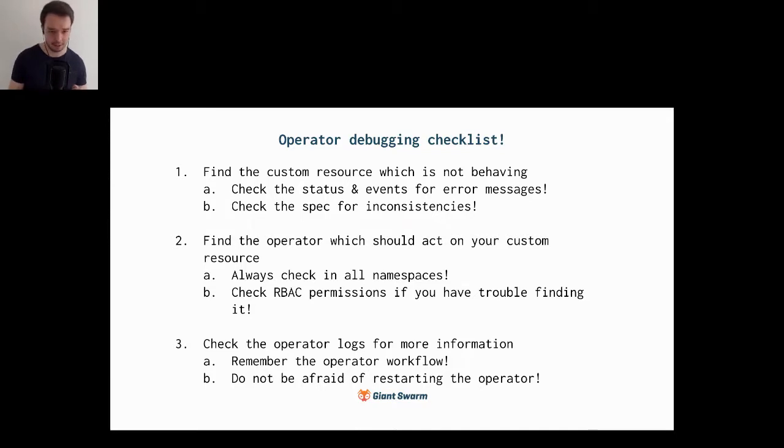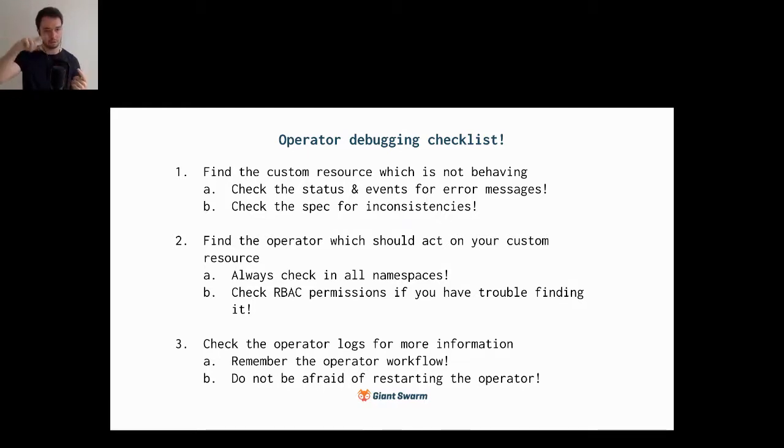And then finally, do not be afraid of restarting the operator. As we talked about previously, the operator is its own independent entity inside its own little pod. As you remember, the users on one side, Kubernetes API in the middle, operator on the other side. And operators are always designed to pick up where they left off and continue their cycles.